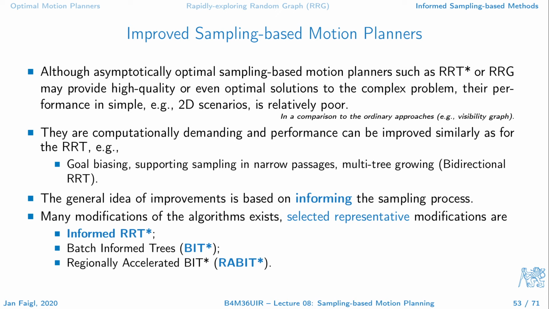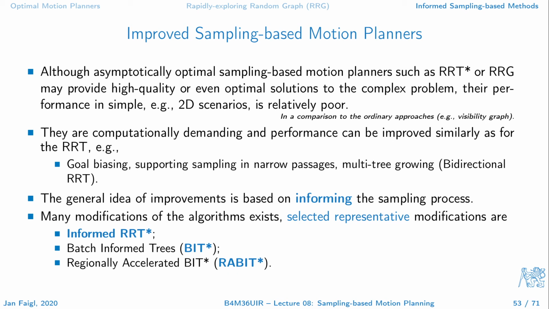It sounds very powerful, but also computation demanding, and we can work with that. There are a bunch of modifications, but I would like to highlight the informed RRT star, batch informed trees, and rapidly-exploring accelerated BIT star, or RABIT.